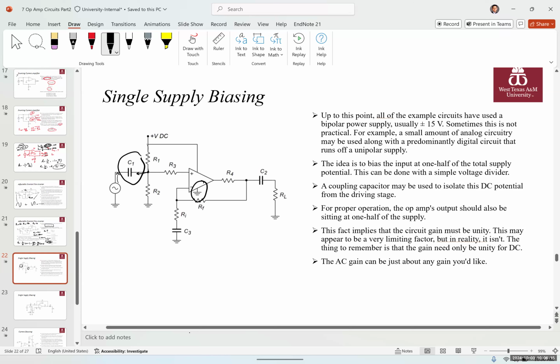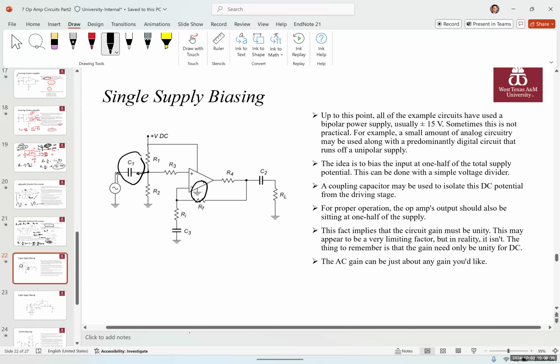For example, a small amount of analog circuitry may be used along with a predominantly digital circuit that runs off a unipolar supply. One example of this, and I've seen this a lot, is in dusk to dawn sensors. They use them a lot.